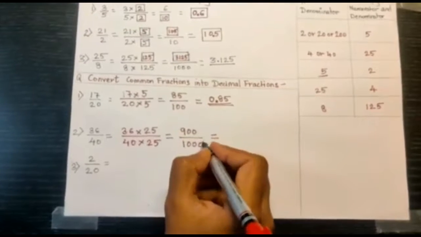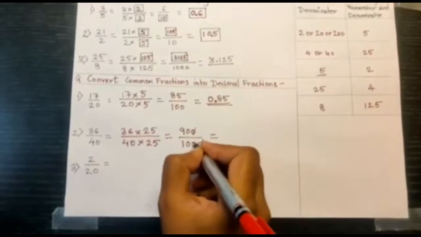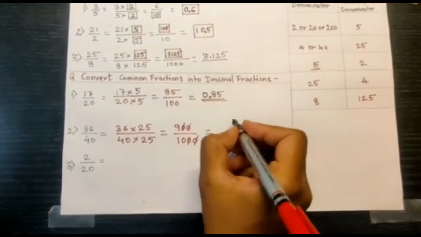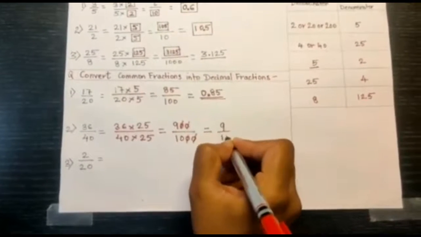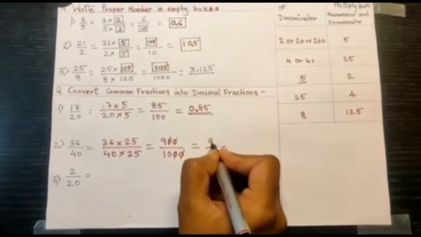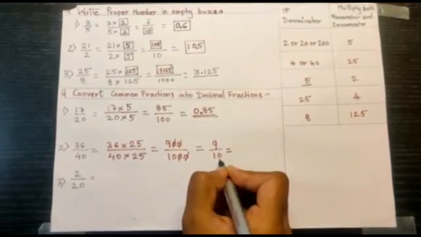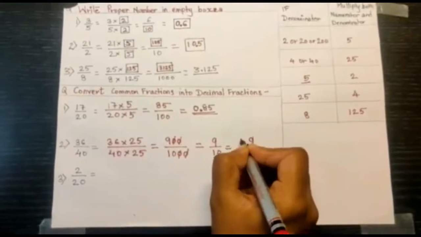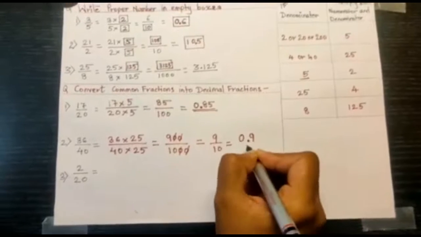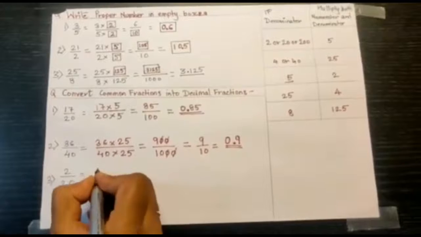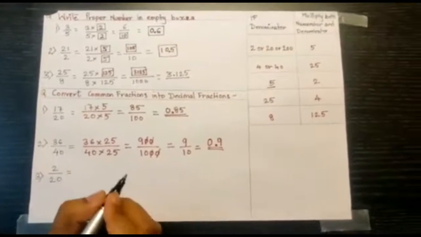So now we all know our basics, correct? We will cancel the zeros. Now it is 9 by 10. We have only one digit in the numerator and one 0 in the denominator. So we will write 9 after the point, and in the integer place 0. 0.9 is your answer.